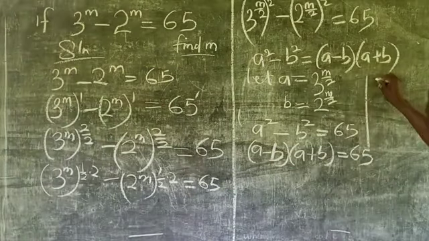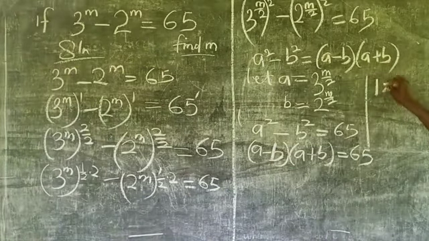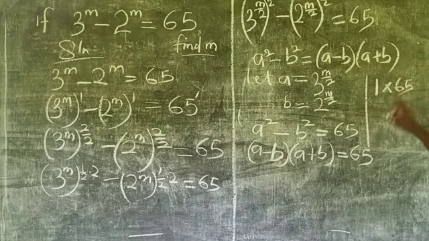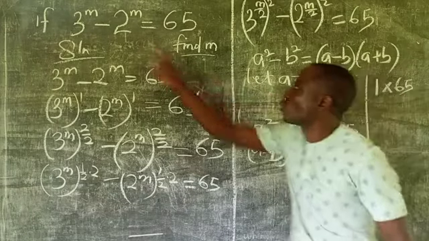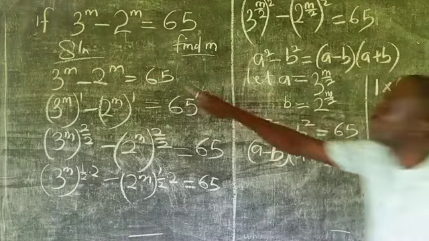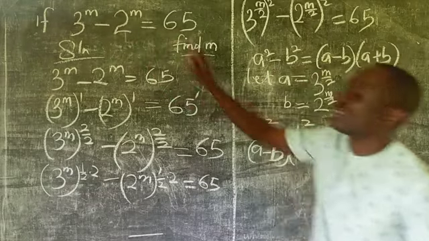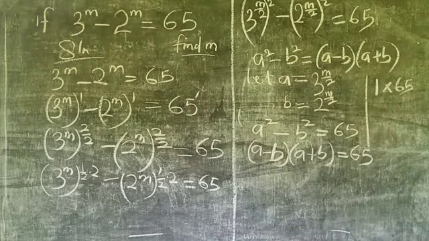I can decide to say 65 should be rewritten as 1 times 65, this is correct, or 65 times 1. But when you do this, I've done it before, if I go with this, we will have an extraneous answer that will not satisfy this equation. Whatever answer you get from here, when you put it in place of n, you will not get 65 as an answer.